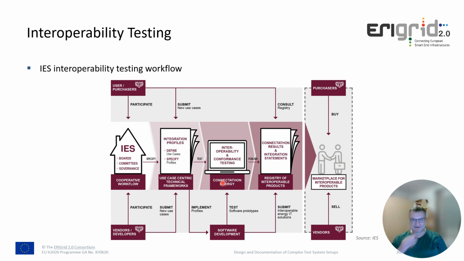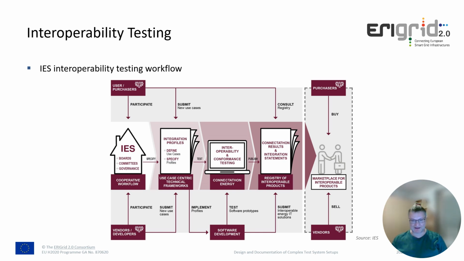And then in these connectathon events, they typically test interoperability according to these profiles, also conformance testing, supported by specific software tools for the planning, the test execution, and the test documentation. And then the connectathon results are analyzed and documented. We have a registry of interoperability products as a final result in order to ensure that the different developments from the vendors, developers are interoperable to satisfy the user needs.